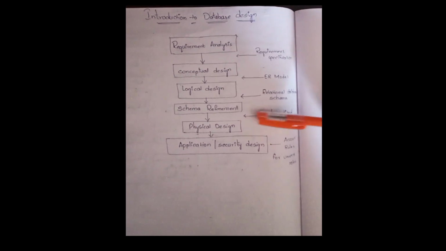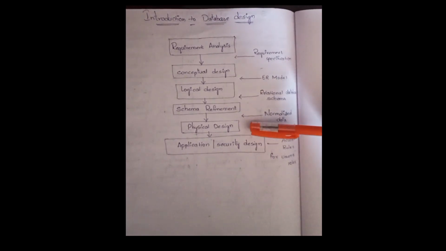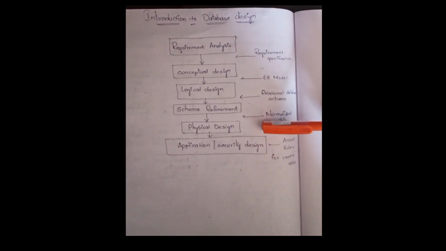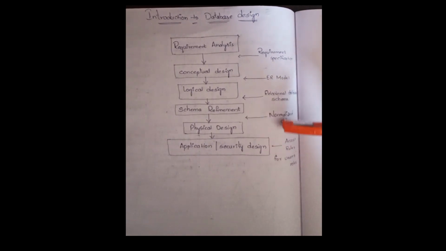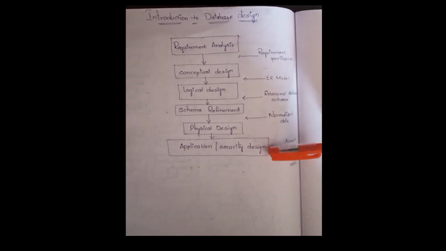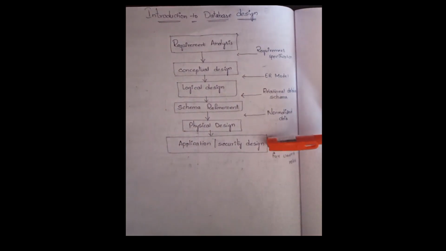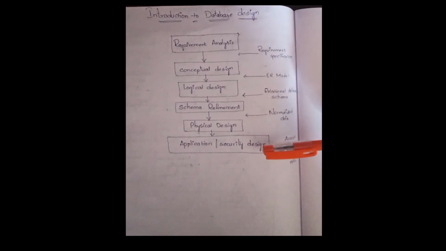This step is concerned with determining the physical features of the database such as file organization, internal storage structure, access methods, etc. In order to quickly access the data from the database, this step may also involve redesign of parts like the database schema.